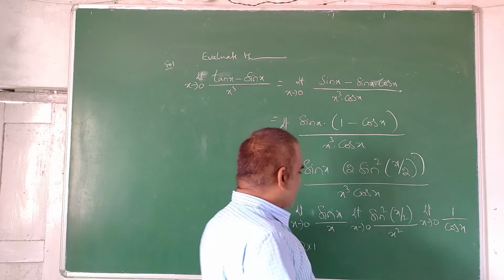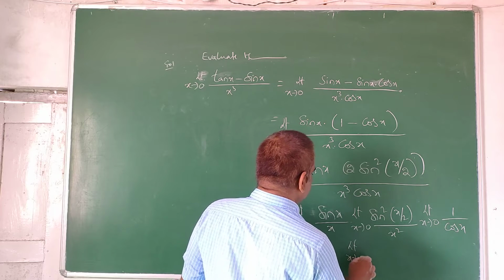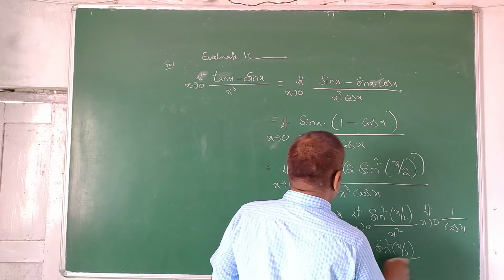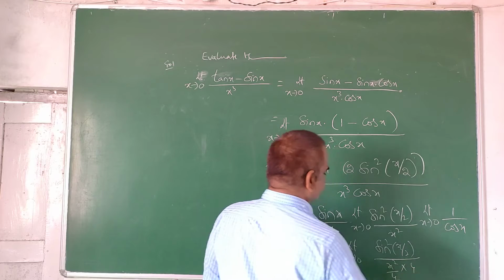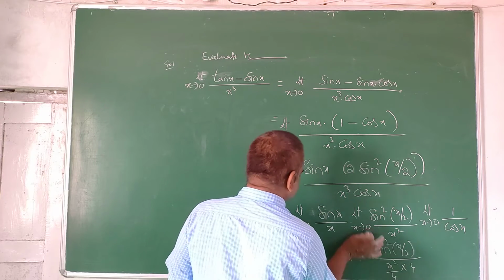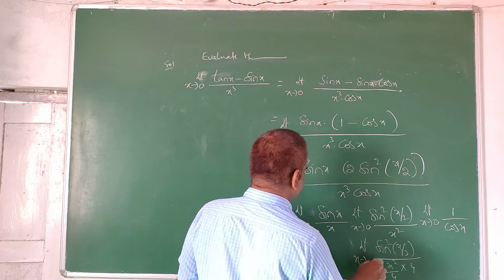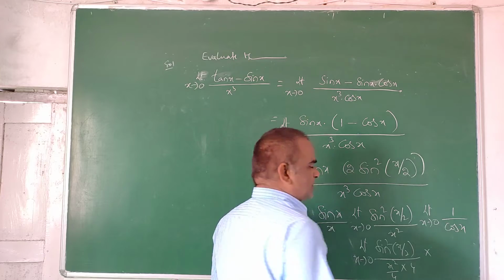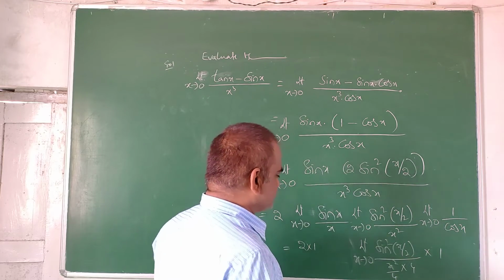Now here limit x tends to 0, sin squared x by 2 divided by x square by 4 into 4, right? Into cos x limit x tends to 0 is 1, one of the 10 results which I have given.